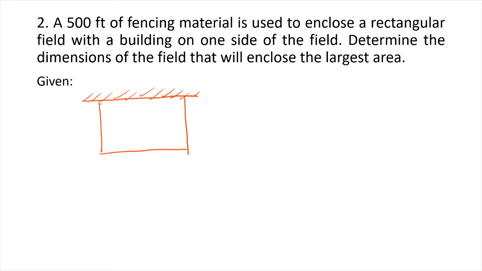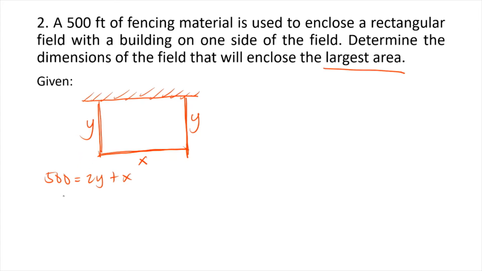So we only need to fence these sides of the rectangular field because we have a building on one side. Let's call this side y. If this is y, this is also y. And then the longer side, let's call it x. And then we want the largest area possible.